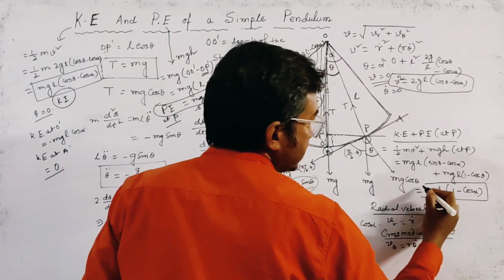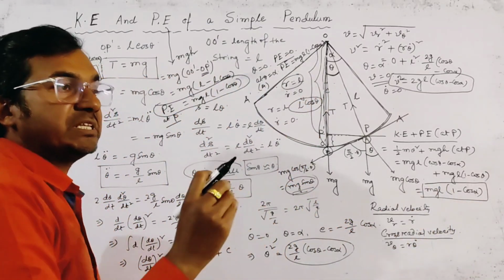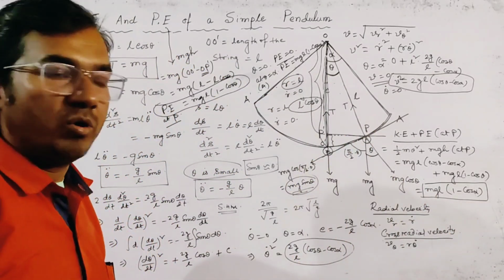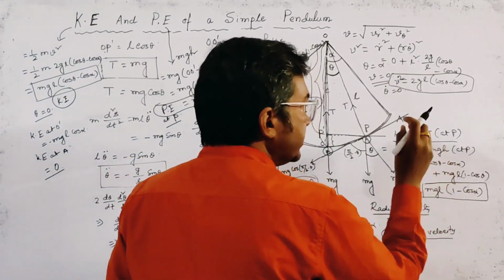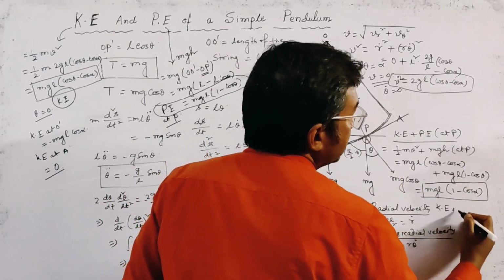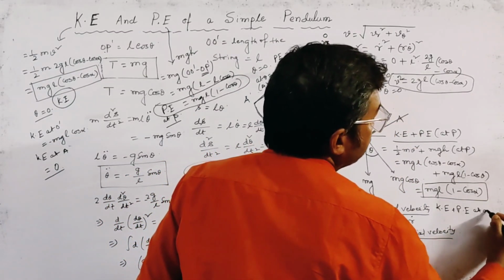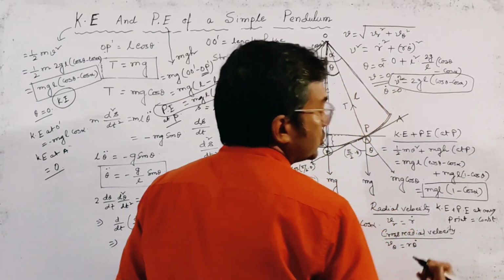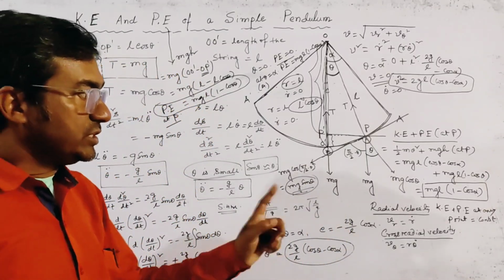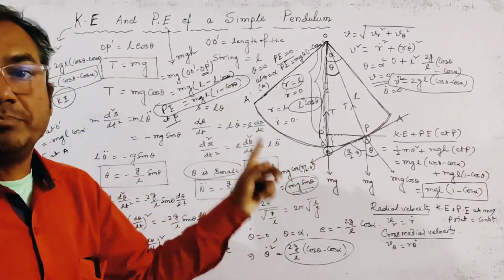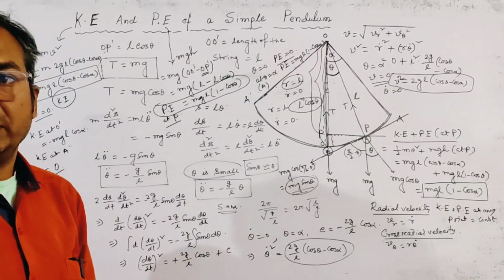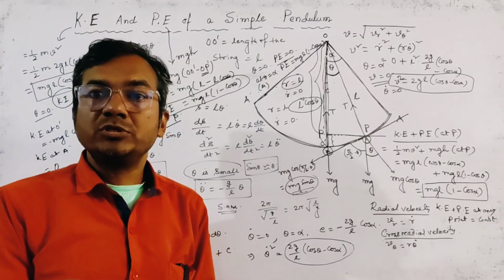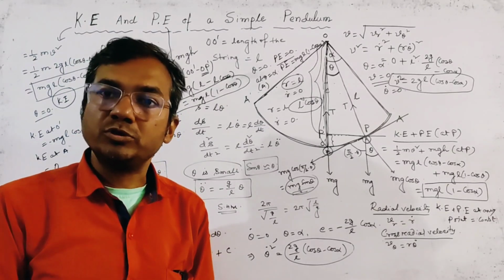This relation is free from theta, that is, it is constant at any instant. So kinetic energy plus potential energy at any point is constant. We say that conservation of energy holds for the simple pendulum under gravity, and this is free motion because there is no resistance force present.